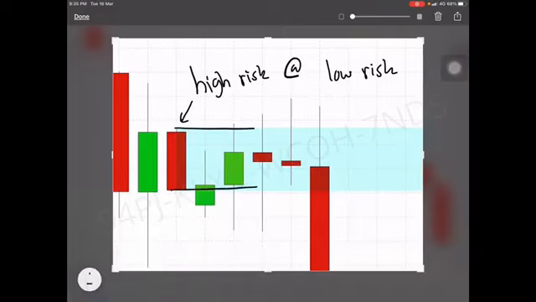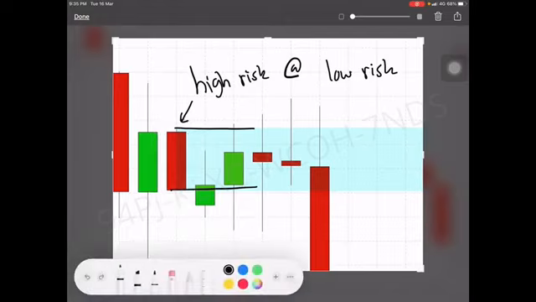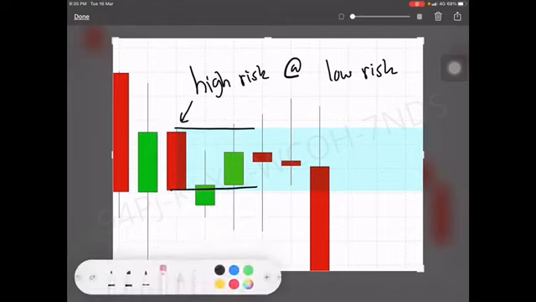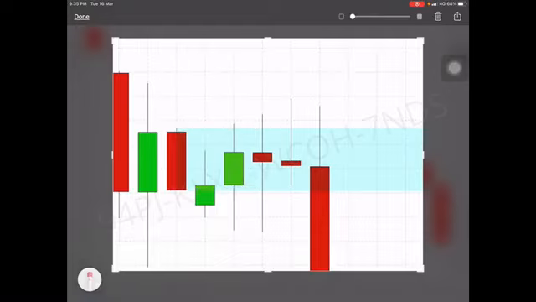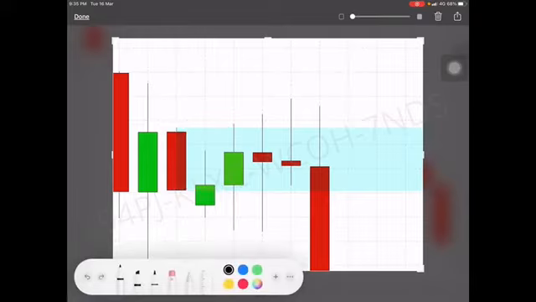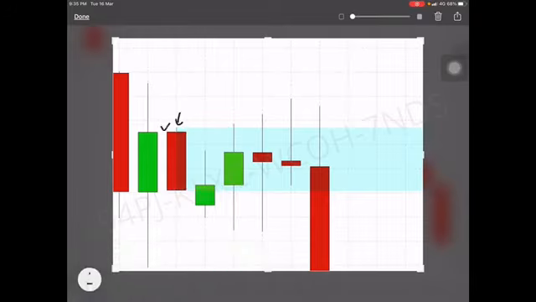It has consumed the rest of this. So this is a low risk. Look closely, this is a low risk area. The shadow has been consumed. This shadow has been consumed by this one.